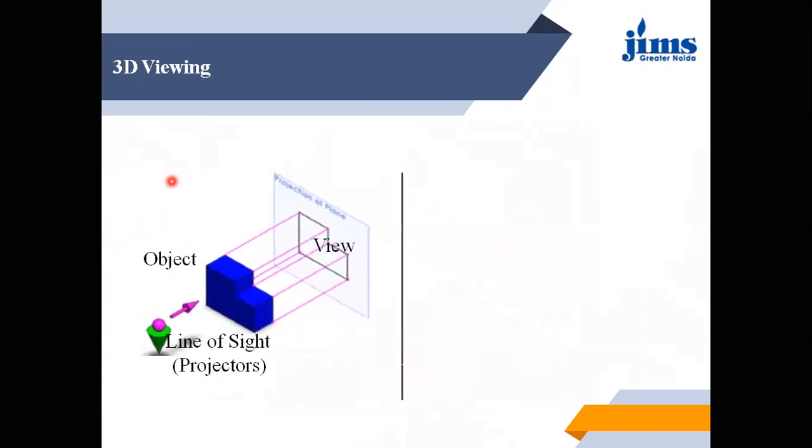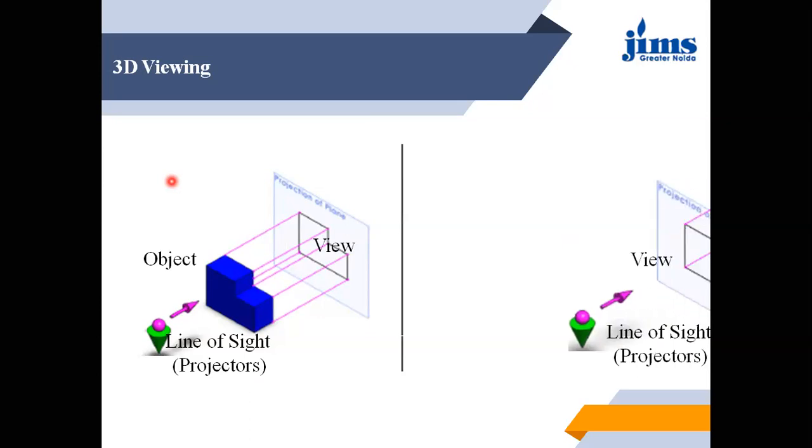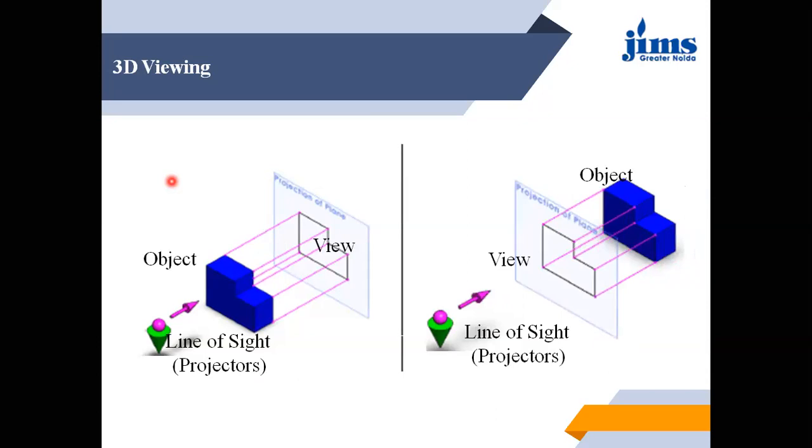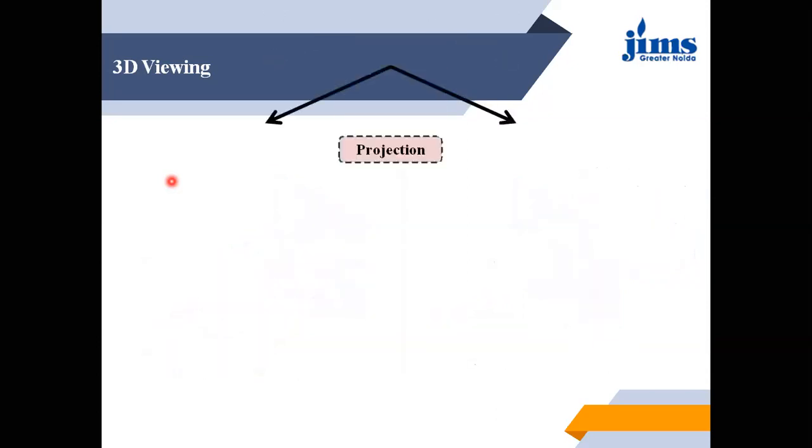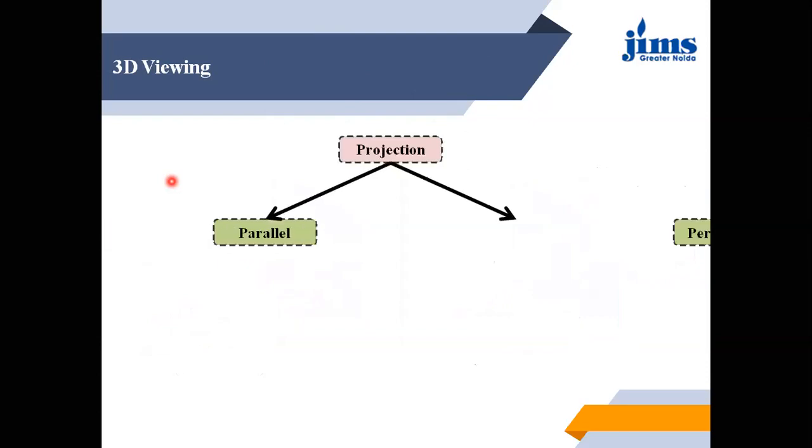Then we discussed that images of an object can be formed on both sides, that is in front of the object over here and in the back side of the object. Then we discussed projection.